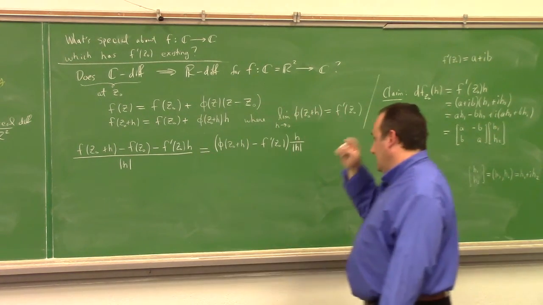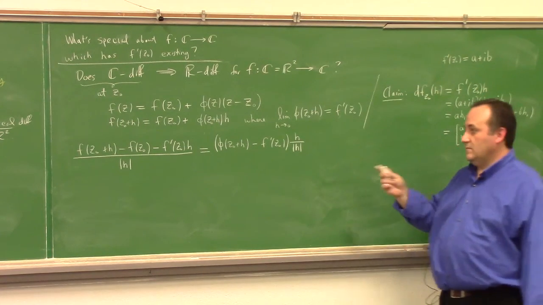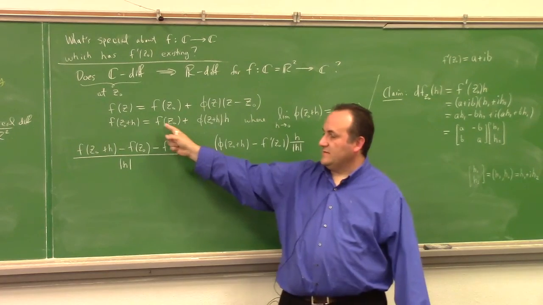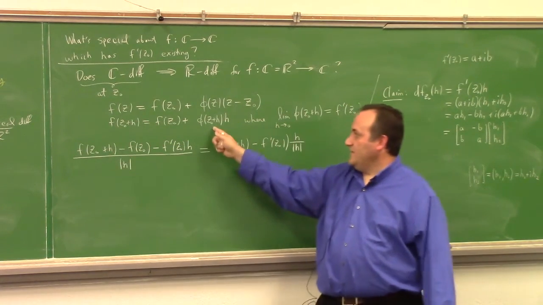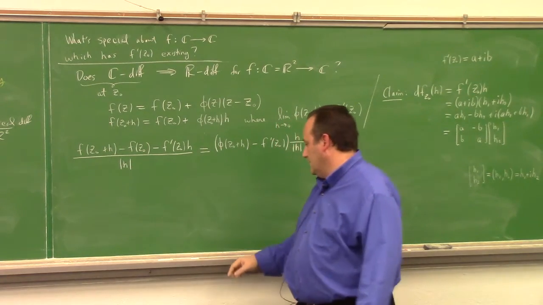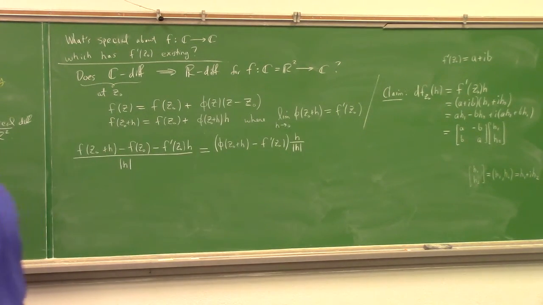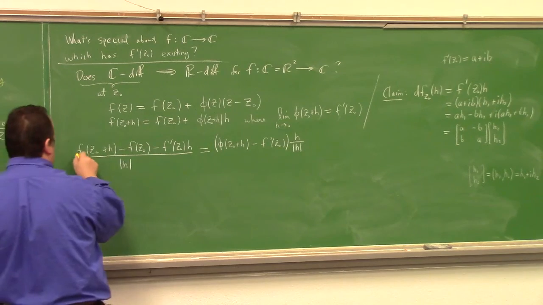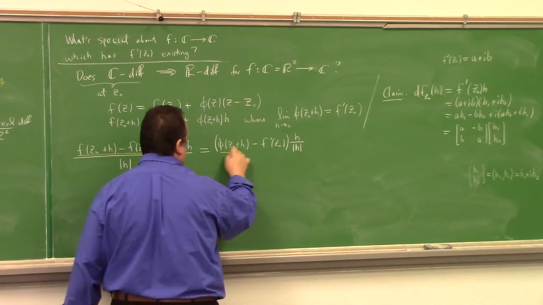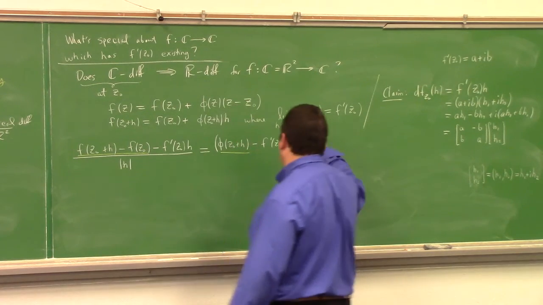What I did is I traded: up here, if I subtract f of z naught to the other side, I've got phi of z naught plus h times h. So I'm trading these two terms for this, and then times the h, of course.